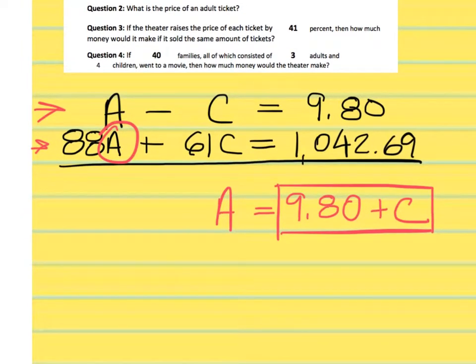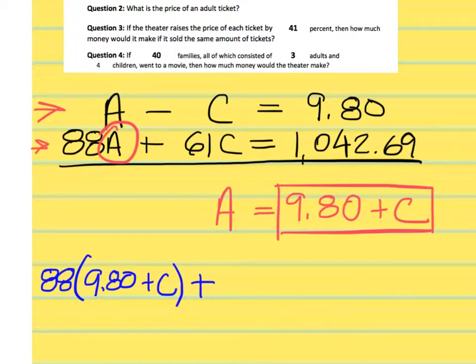And that's what I'm going to do now. 88 times the quantity of $9.80 plus C, close the quantity, plus 61C equals 1,042.69.